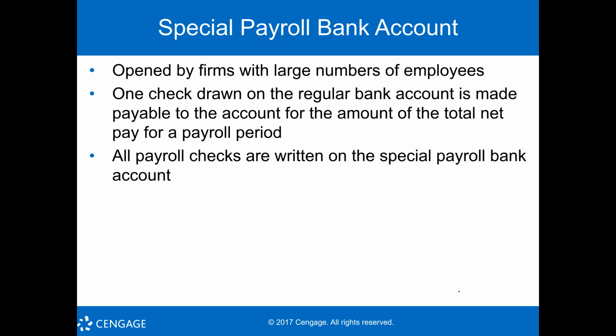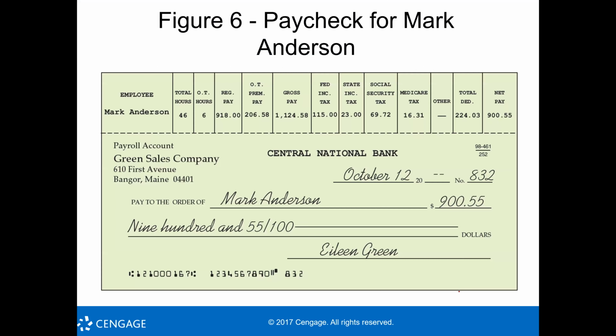Theoretically, especially nowadays when a lot of companies do direct deposit, after payday that payroll account should be back to zero. So we're just transferring enough money from our main account to the payroll account to cover payroll, so that once everybody gets paid, it's at a zero balance again. It's a control measure that way as well.